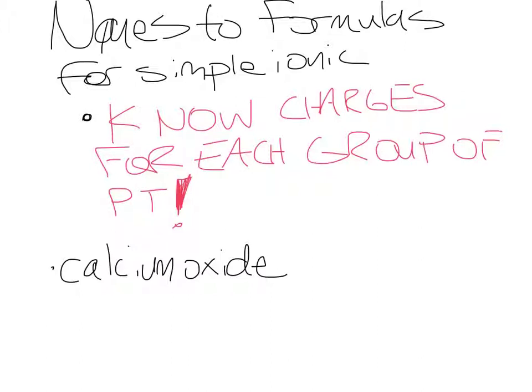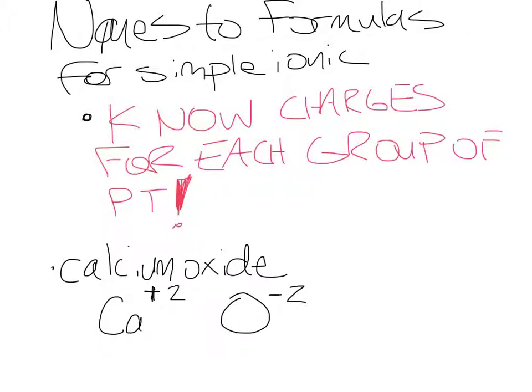Calcium is Ca, and you need to find the charge of calcium. Calcium is going to be a +2 charge. And then oxygen is oxide. This is going to be O, and O has a -2 charge.